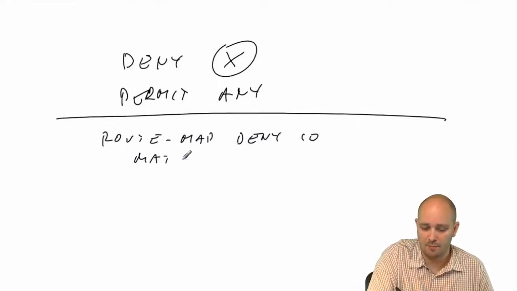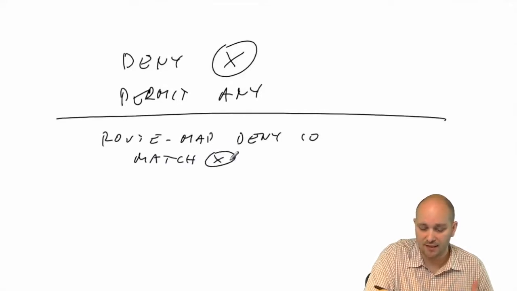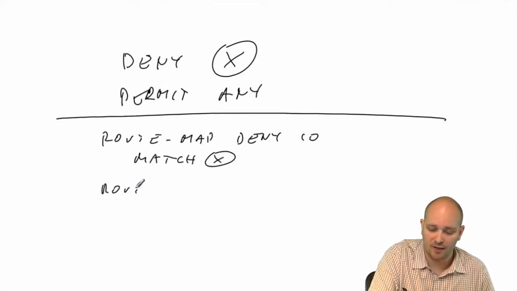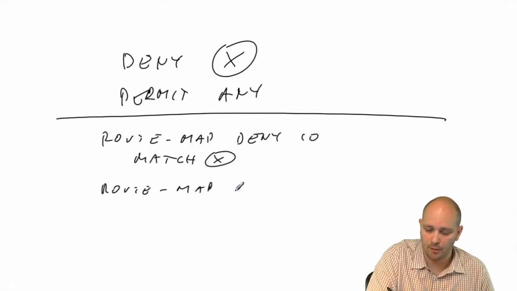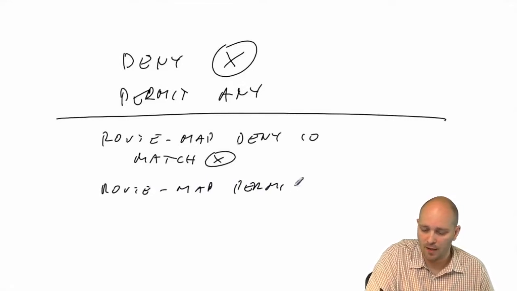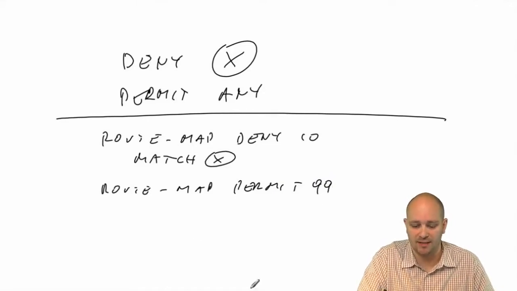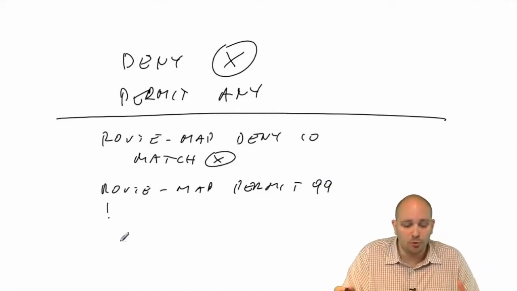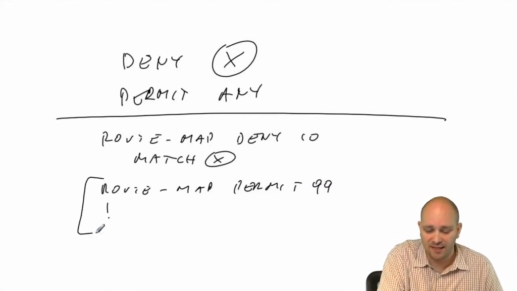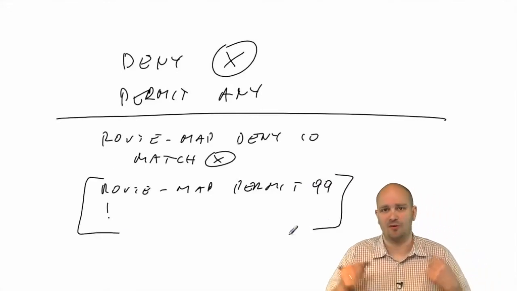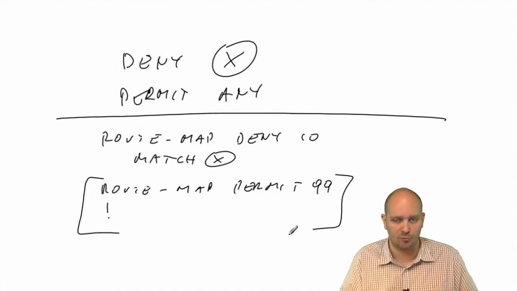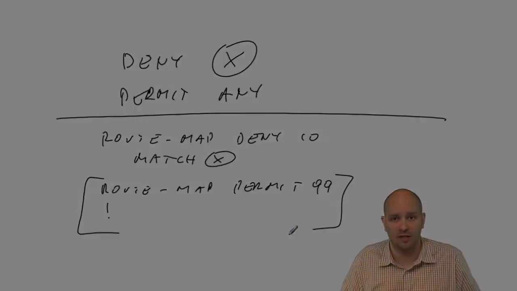You're going to say match whatever X here is, and then you would create a route-map permit. And I like to leave some room in this case, so I'm just going to put the sequence number 99, and this is it. You don't put anything there. This empty permit statement is kind of a catch-all at the end of the route map that is going to allow everything else.